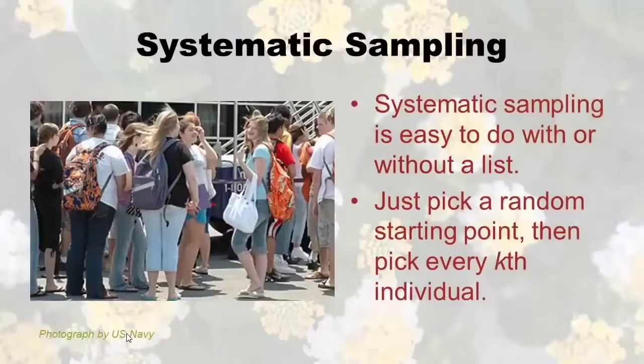So it's easy to do. Systematic sampling is easy to do with or without a list. You just pick a random starting point and then you pick every kth individual.